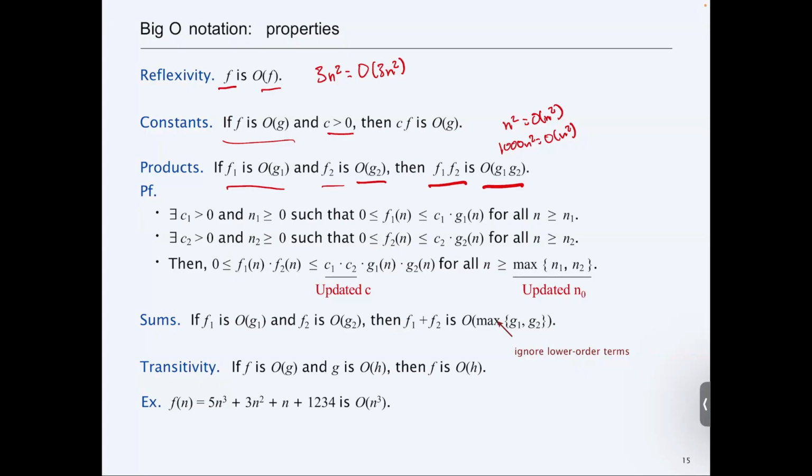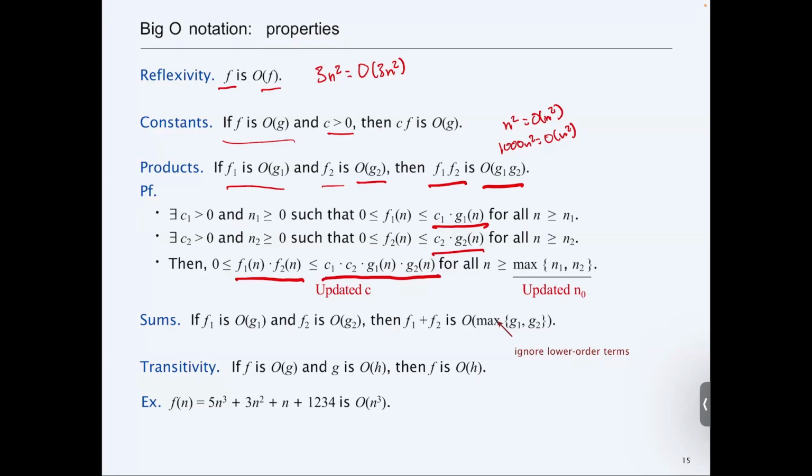If f1 of n is less than or equal to c1 times g1 of n, which is what we have here, and you have f2 of n that's less than or equal to c2 times g2 of n, then when you multiply both of these inequalities together, it's going to give you f1 of n times f2 of n is less than or equal to c1 times c2 times g1 of n times g2 of n.